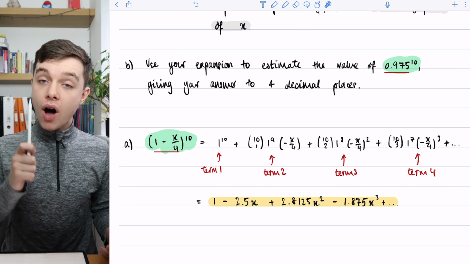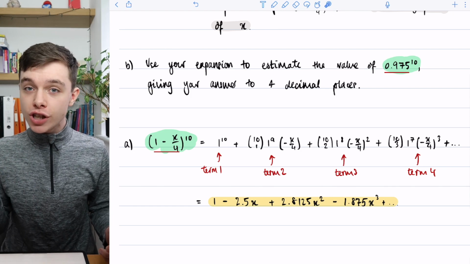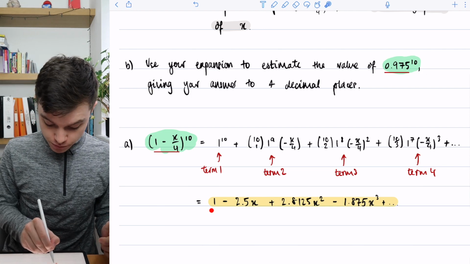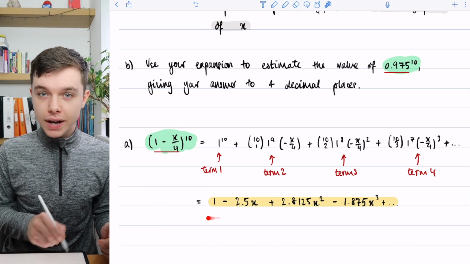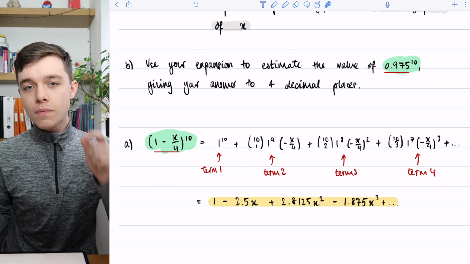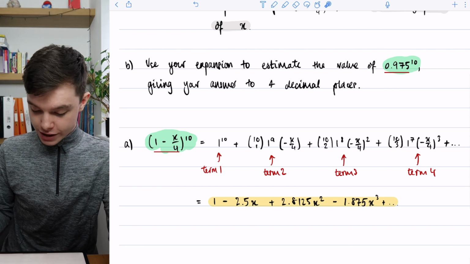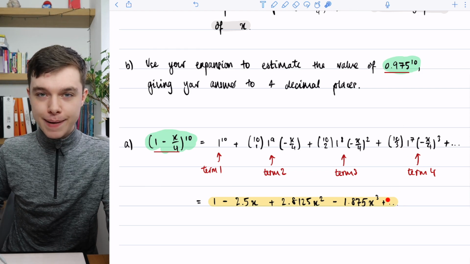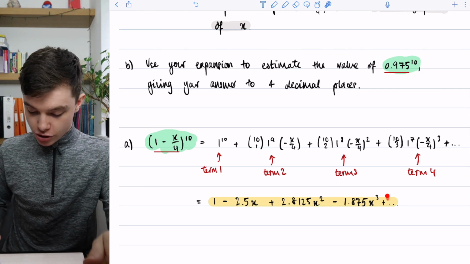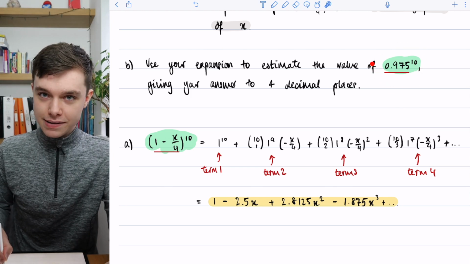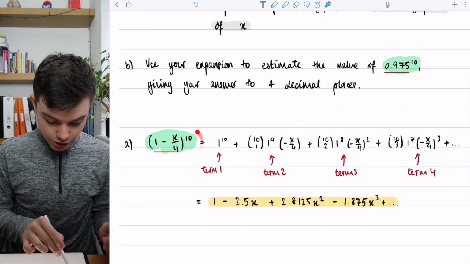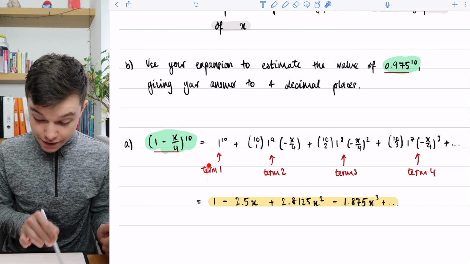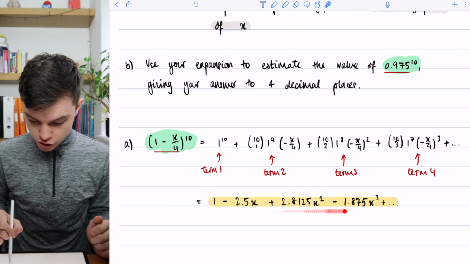I can work out what x is, and then that's useful because I can estimate this by substituting my x value into the expansion. Where you can go wrong with this question is just substituting this decimal into this expansion. But that's wrong, because you are estimating this, but this bracket is this expansion. So you need to work out what x is first before you do the substitution.